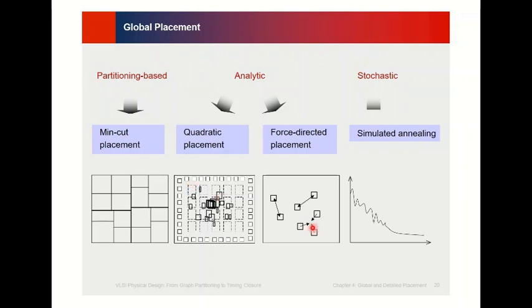For force directed, similar to quadratic, we place something and then the algorithm will try to group relevant blocks closer or farther as necessary. And as you know, for simulated annealing, it is stochastic. It depends on our random choices.